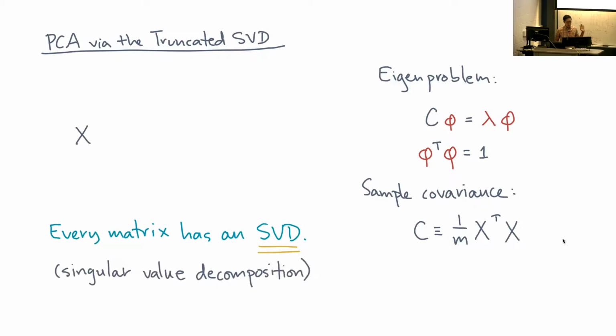It turns out every matrix has an SVD, and this SVD will be a special factorization of the matrix that has a bunch of very magical properties that help you solve problems. The factored form I will write as U sigma V transpose.